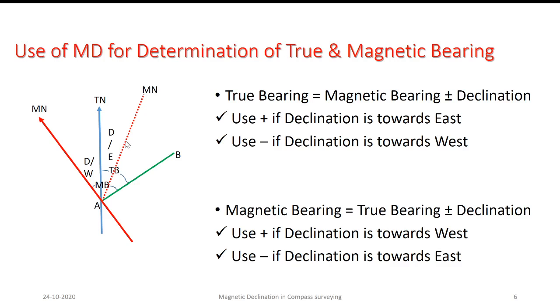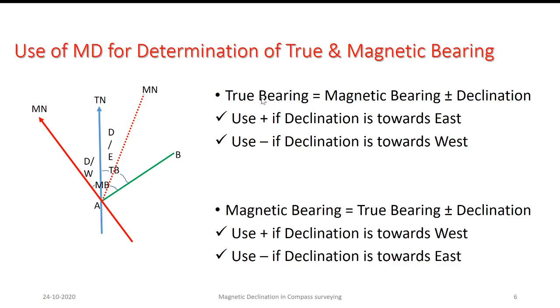It swings as if it is some kind of pendulum. So here, as you see, this magnetic north is lying on the left side of the true north. As such, declination is westward. Whereas here, magnetic north is lying on the right side of true north, hence the declination is eastward.